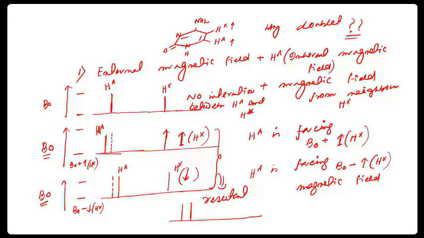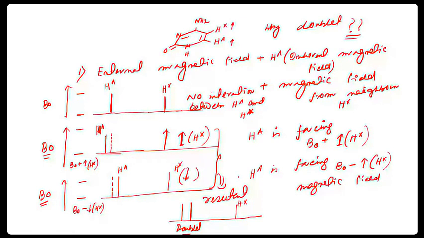If there were no interactions, we would get only one value of HA, but because of the interactions of HX, HA splits like that. So basically it's a doublet. It's a doublet splitting. Then we have understood the doublet very easily.